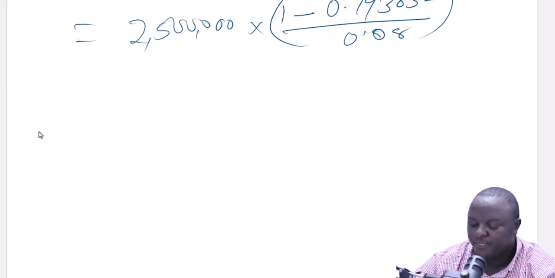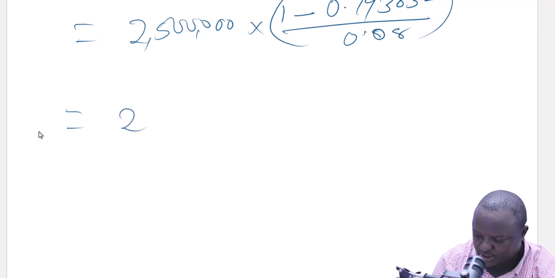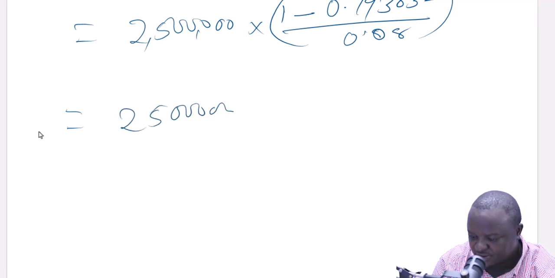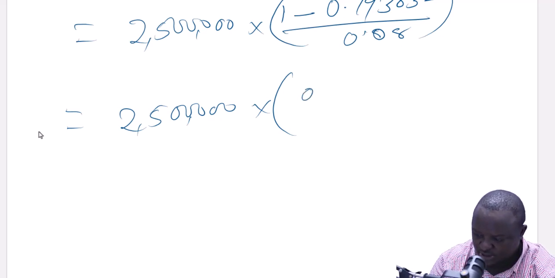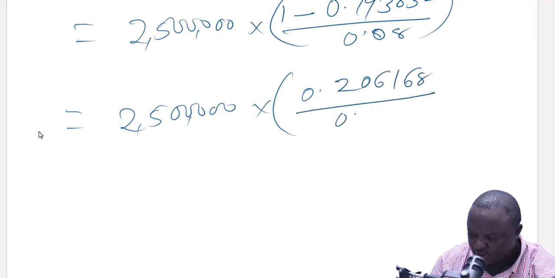So we'll get 2,500,000 times 1 minus 0.793832, which is 0.206168 over 0.08.